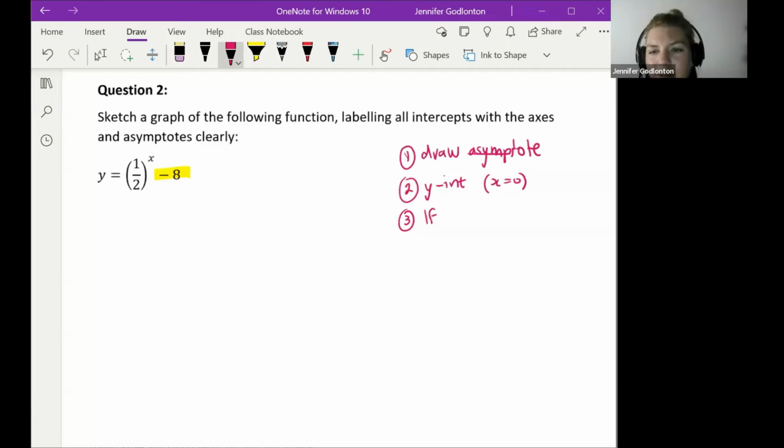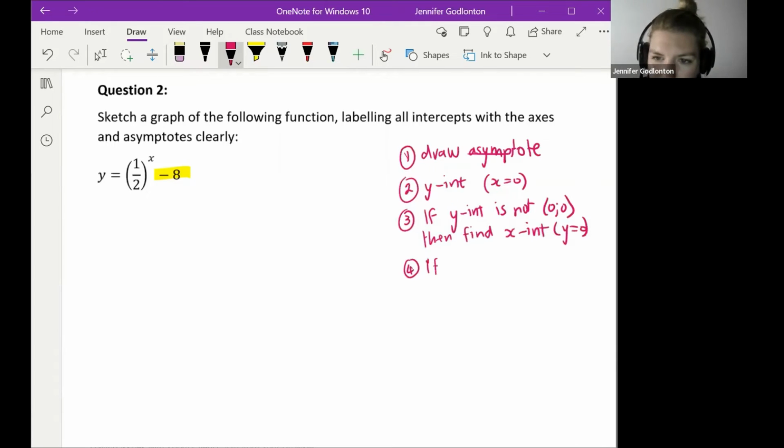If the y-intercept is not 0, 0, then find the x-intercept, which means y is equal to 0.